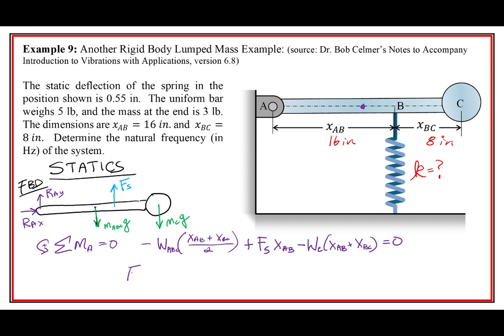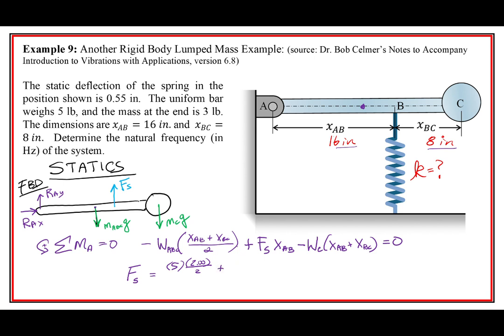And so I said the F of the spring, when it's static, is going to be equal to, I decided to work it out here, 5 times, let's say, 16 plus 8 is 24, divided by 12 is 2. So it's going to be 2 divided by 2, that was the bar, because we don't want to do everything in feet.